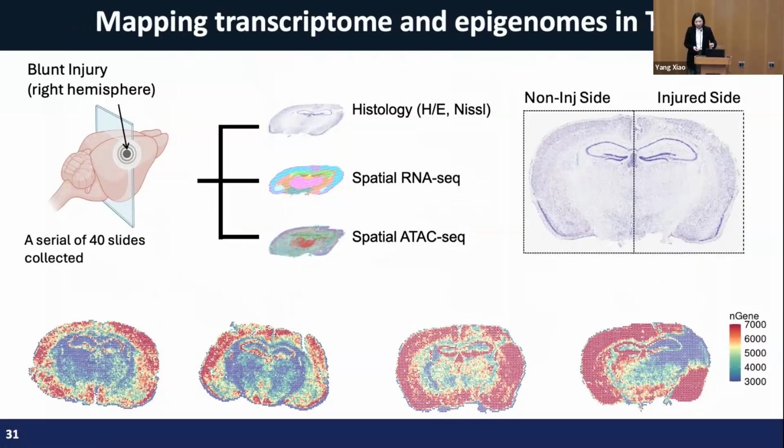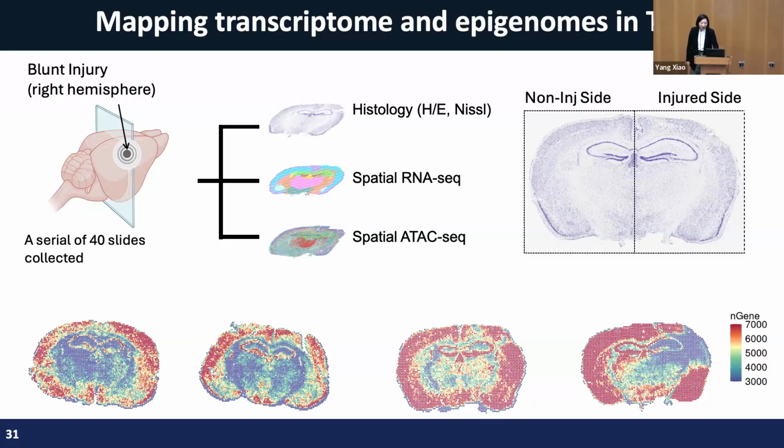Some people are more likely to have edema, herniation, clotting, or bleeding after the initial injury, but some people don't. And the region of the secondary injuries really cannot be predicted. So here we are introducing spatial multi-omics to profile which regions specifically are being changed after TBI, mild TBI, what cell types are involved, and what is regulating those changes.